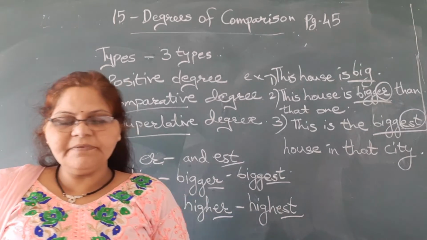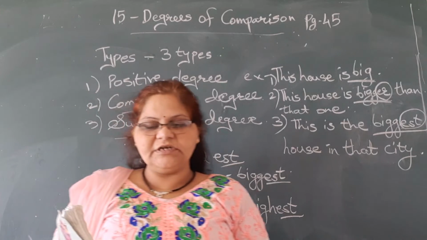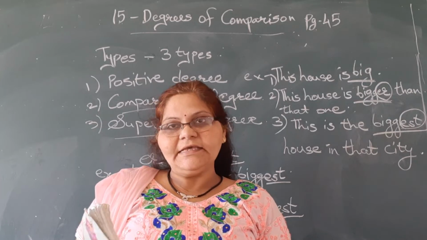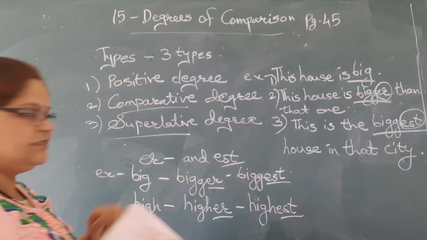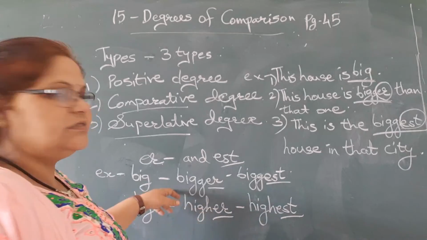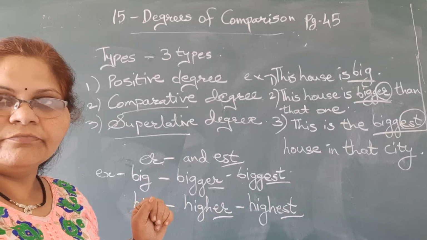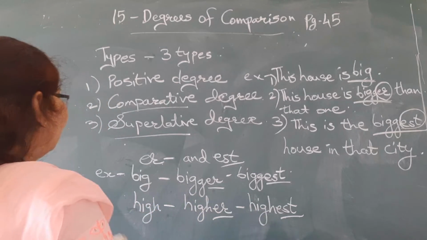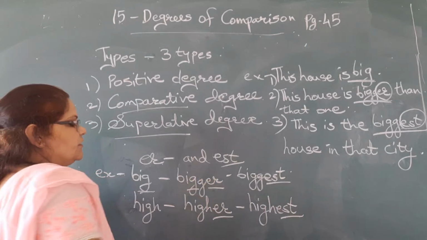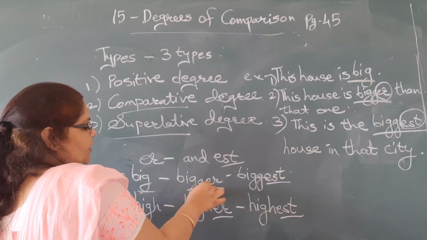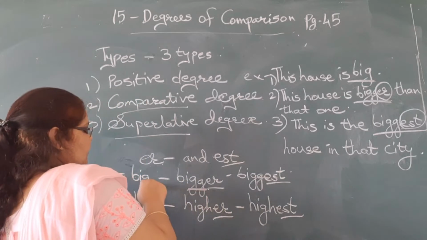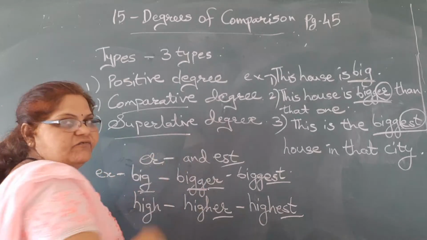In some cases, we double the last consonant and then add ER and EST. I have given you both the examples here. What is the difference between this and this example? You can see at the end G was there. Here is also G, but G is written twice. Why? In this spelling G is there, but again we have written it.